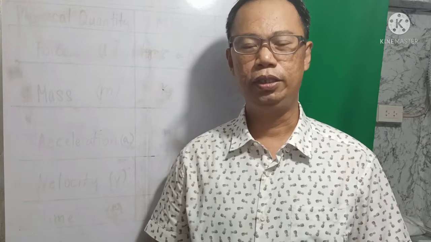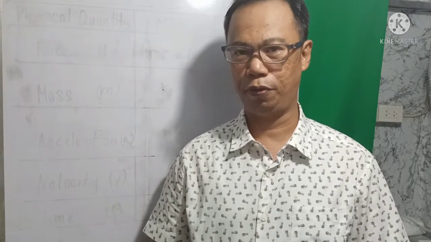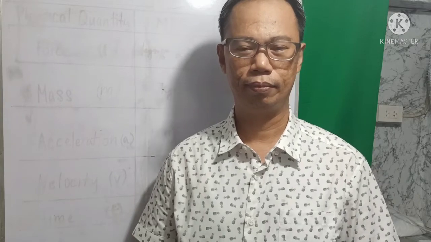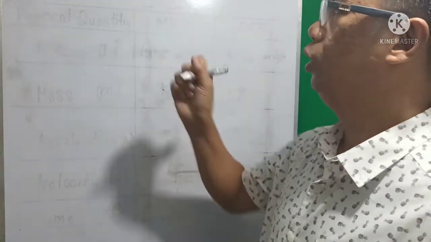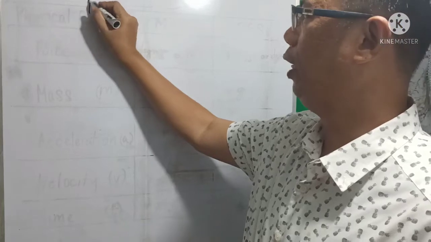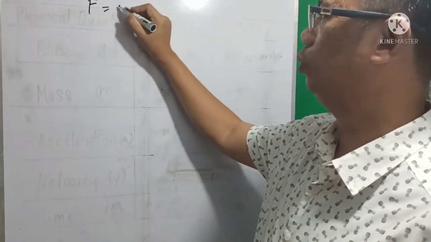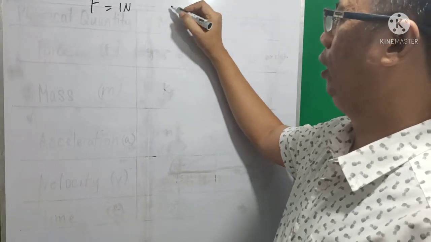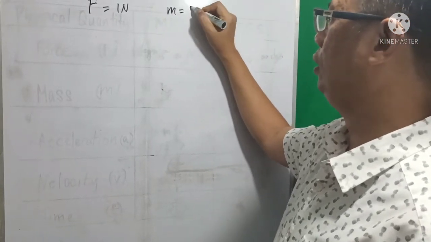Let's prove that when we double the applied force, the acceleration is also doubled. Suppose we have F is equal to 1 Newton and the mass is 1 kilogram.